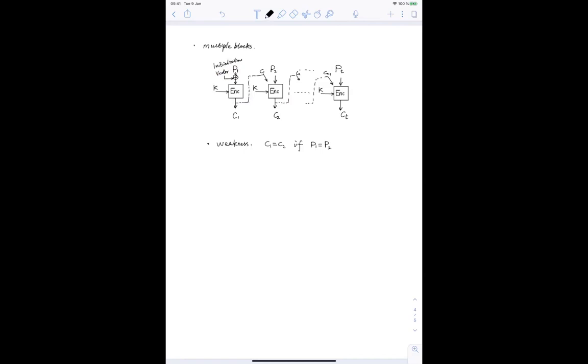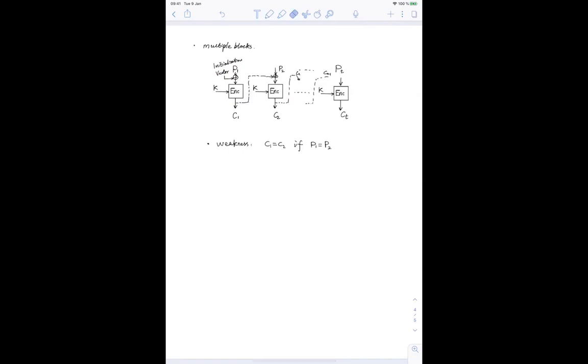And for the second block, again we have XORed the plaintext P2 and C1. Here it's the same.